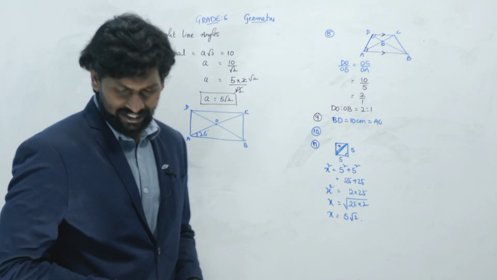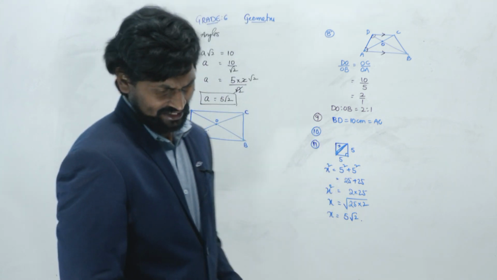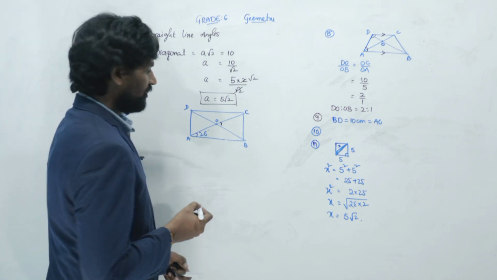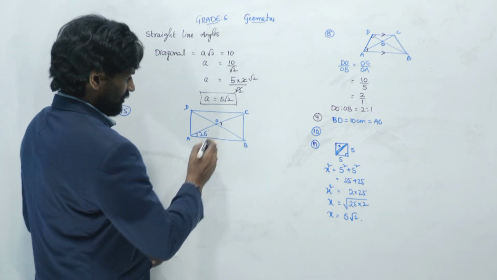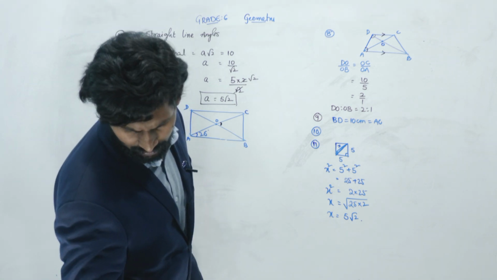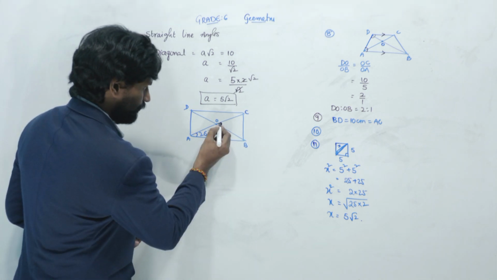OAB value is 26 degrees. Then we need to find the angle COB value.